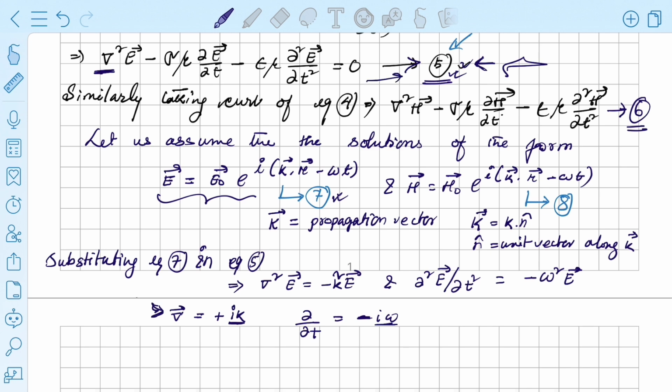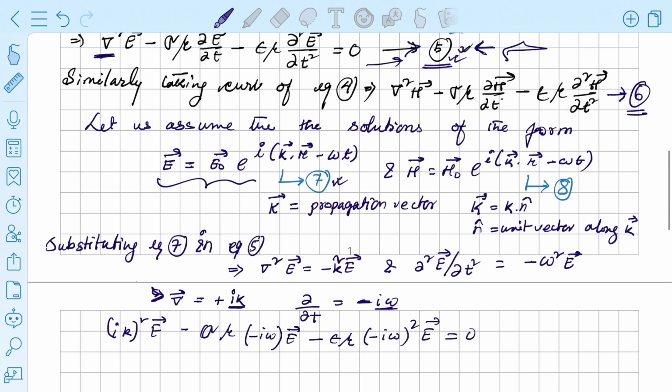Let me write that: minus i k square E, then minus, sorry, not epsilon, sigma mu, instead of del t we're going to use minus i omega times E vector, right? Then minus epsilon mu, instead of del t we're going to use minus i omega whole square E vector, is equal to 0. That's what we're going to get.